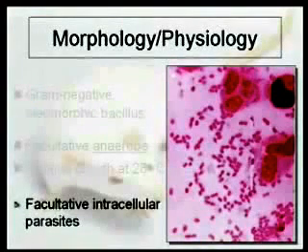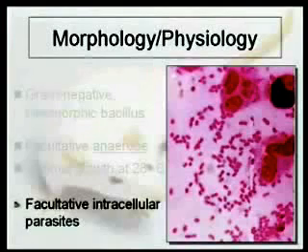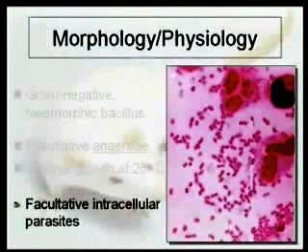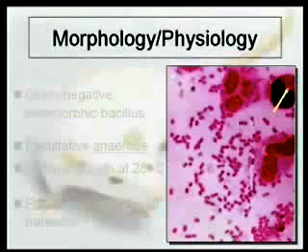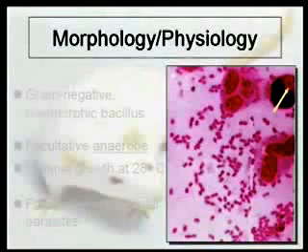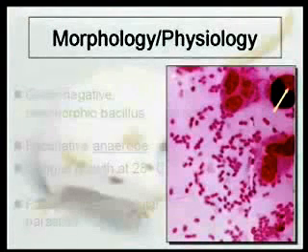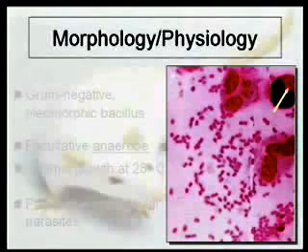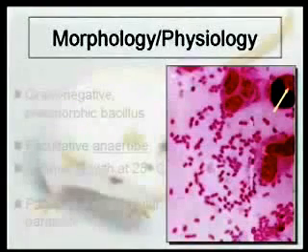I've already said that it's a facultative anaerobe as well as facultative intracellular, because it can survive within the cells intracellularly. And intracellular meaning that it will stimulate cell-mediated immunity. Here's a sort of faint presence of organism there.